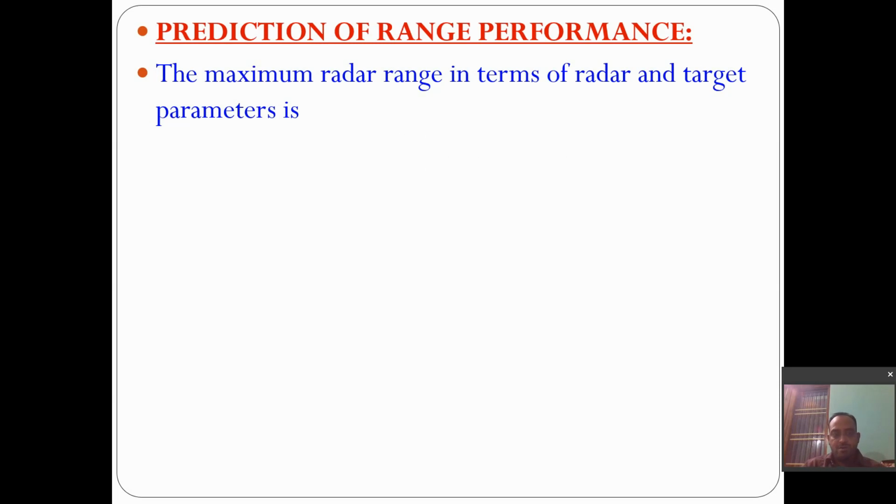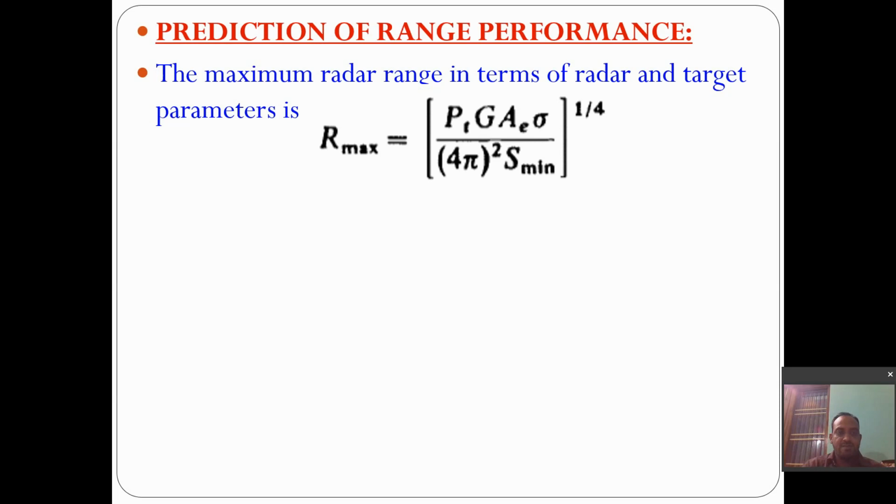If you see this equation, the maximum radar range in terms of radar and target parameters is R max equals (P_t G A_e sigma / (4 pi)^2 S min) whole power 1/4. This is a very standard equation which we have derived in the earlier sections of this unit.